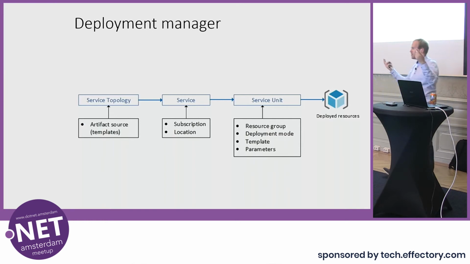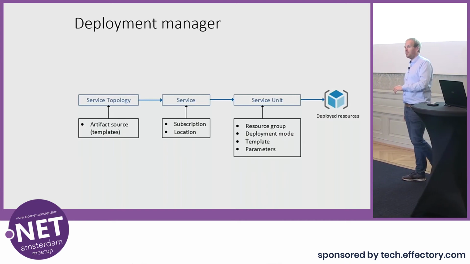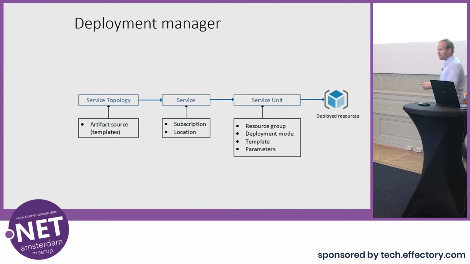And within these services, I can create service units, which point to resource groups. So I can build up a topology of the infrastructure that I'm going to deploy later. And I can specify one or more artifact sources. So that's the templates that I'm going to use in those service units. So this is really abstract.